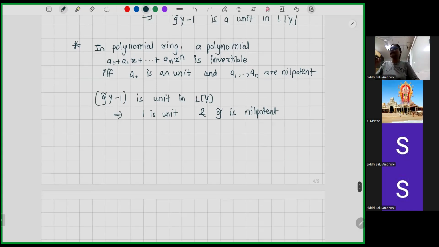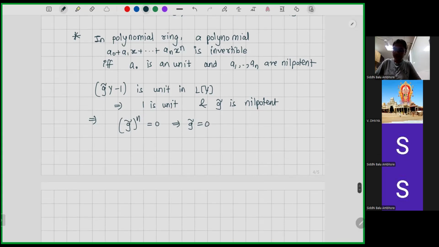But once I have some element nilpotent in a field, that element is 0, because we are in a field, an integral domain. So if g̃^n is 0, this implies g̃ is 0, since L is a field.